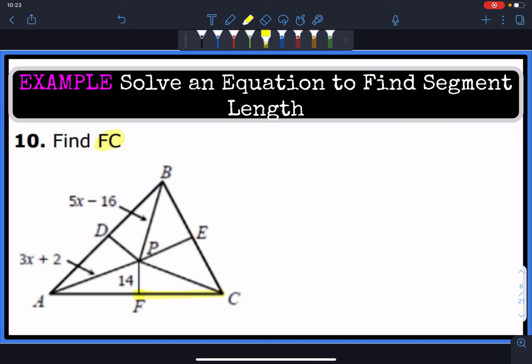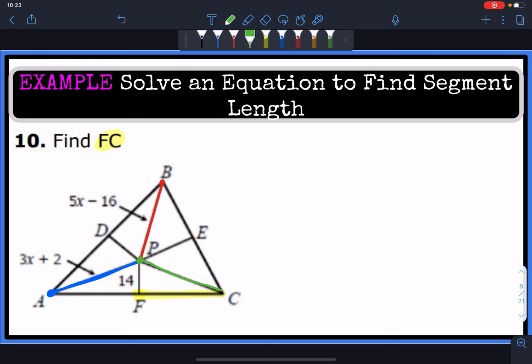Well, the information they give us is this length right here, which is from the circumcenter to the vertex. And the relationship between the circumcenter and all the vertices is that they're all the same. So the distance of the red line that I'm just drawing right here is the same distance as the blue line, and the distance from the green line.